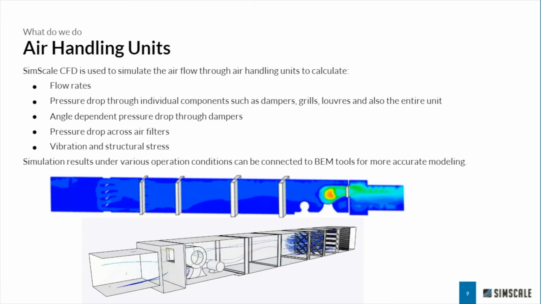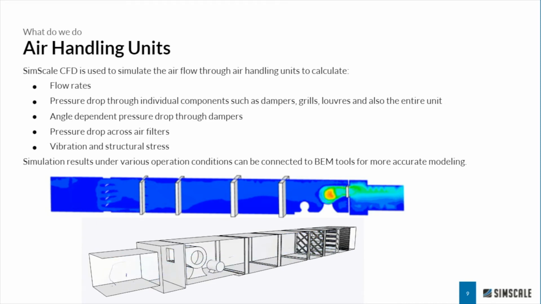We see that the pressure drop that we generate is dependent on many factors and all the individual components that we have in here. For example, the angles of the louvers, and the choice of the sizing of the different grills, the different dampers, the heating systems, and the cooling systems.